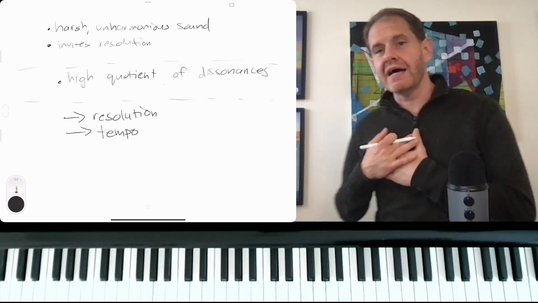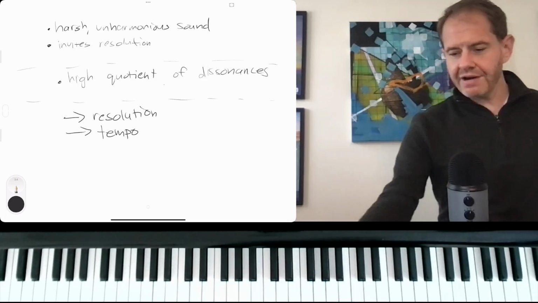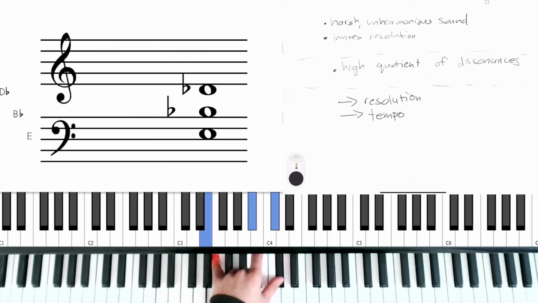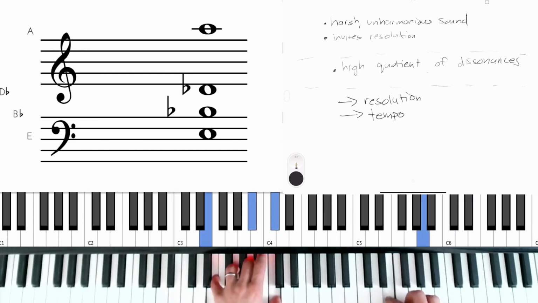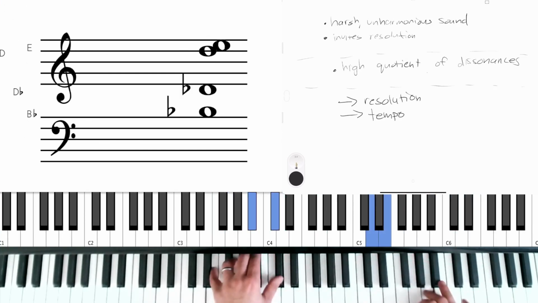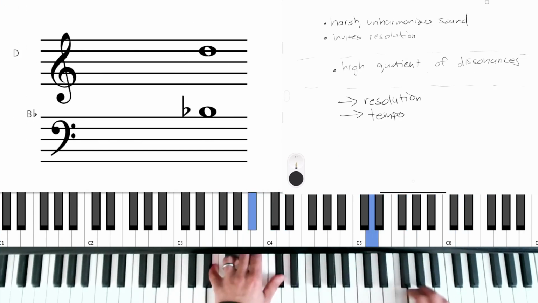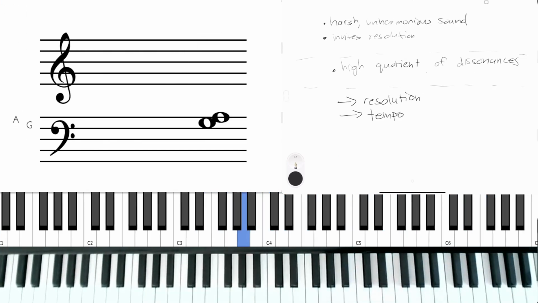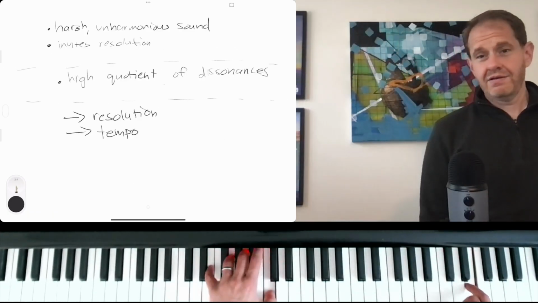Like if I play a flat 9 on a dominant chord, the soloist does not. At a fast tempo, here's a C7 flat 9. Right, we don't even hear that there's a conflict between them.